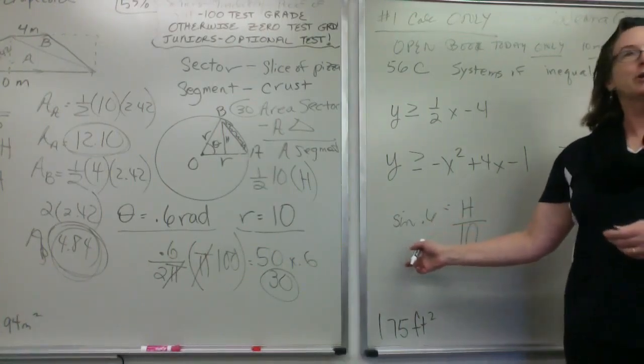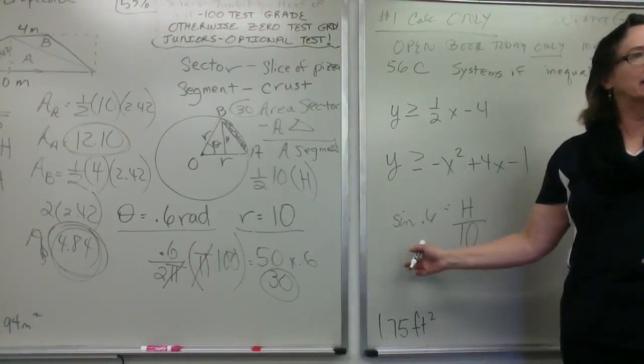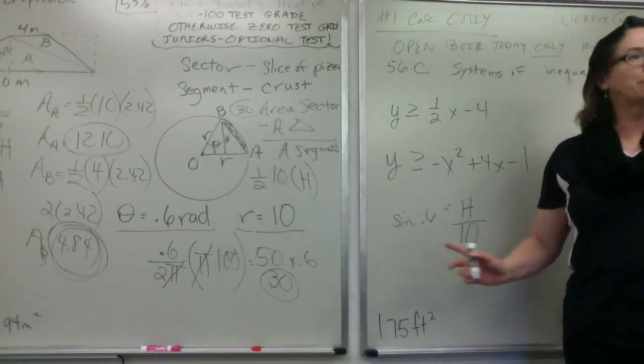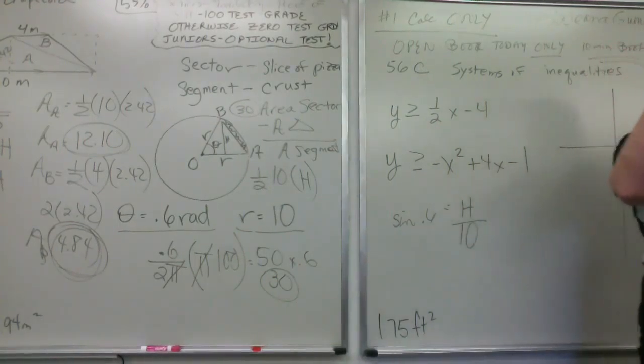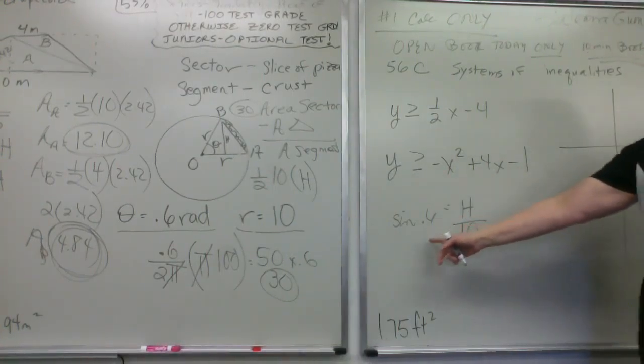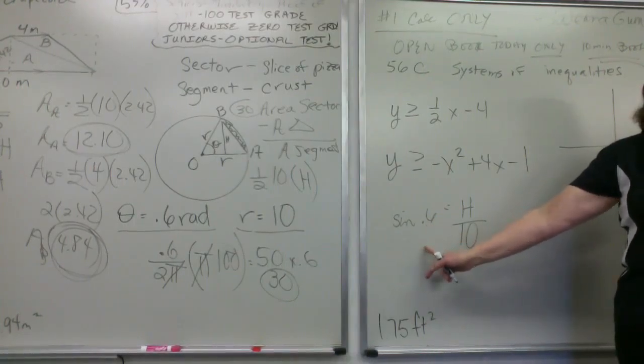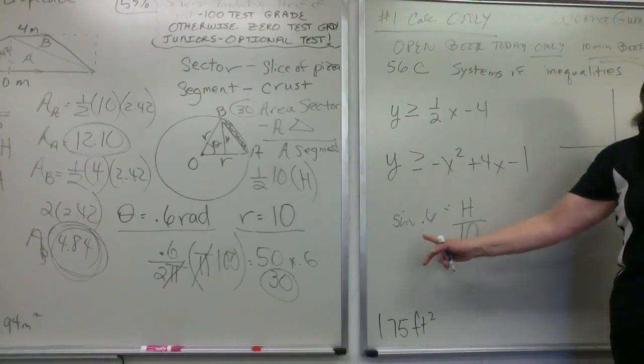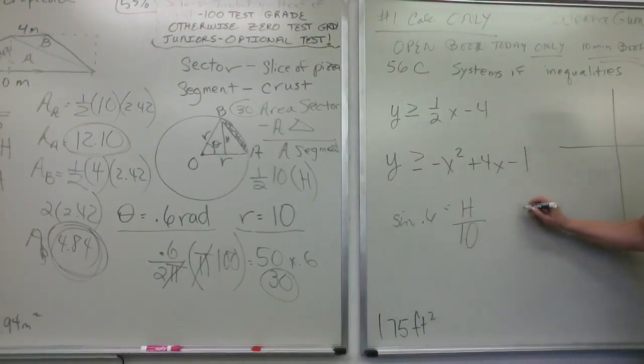Now, put your calculator in radians and find the sine of 0.6. You see that little mode key will change your calculator from radians to degrees and degrees to radians. So you can skip all the hubbub and just put your calculator in radians and find the sine of 0.6. Anybody get that? Sine of 0.6 in radians.